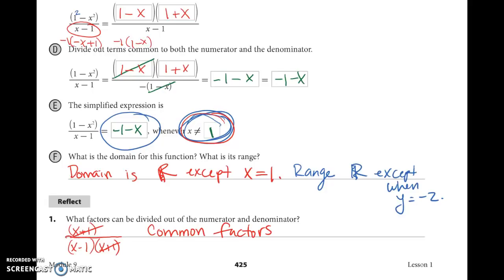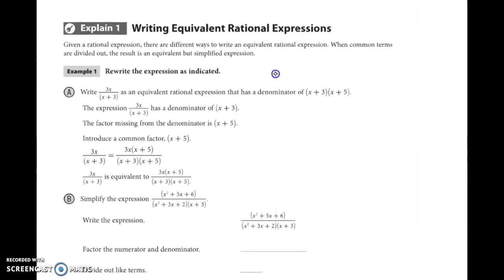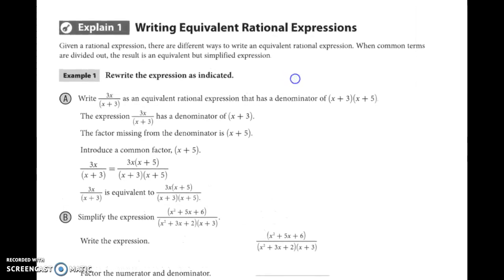So let's move on to the next page, page 426, and let's go over Explain 1. Explain 1 is writing equivalent rational expressions, and it says given a rational expression, there are different ways to write an equivalent rational expression. When common terms are divided out, the result is an equivalent but simplified expression.